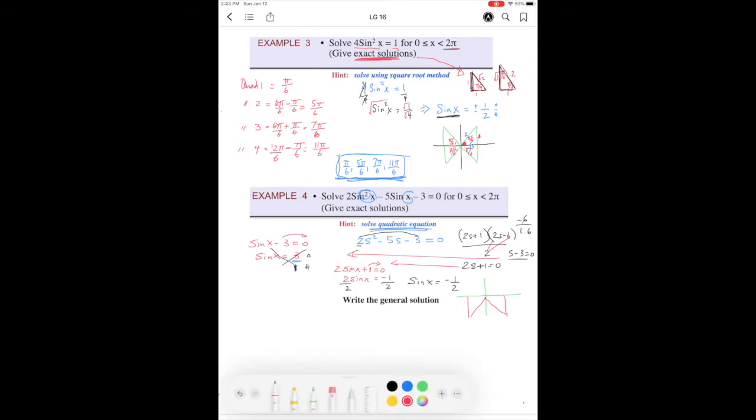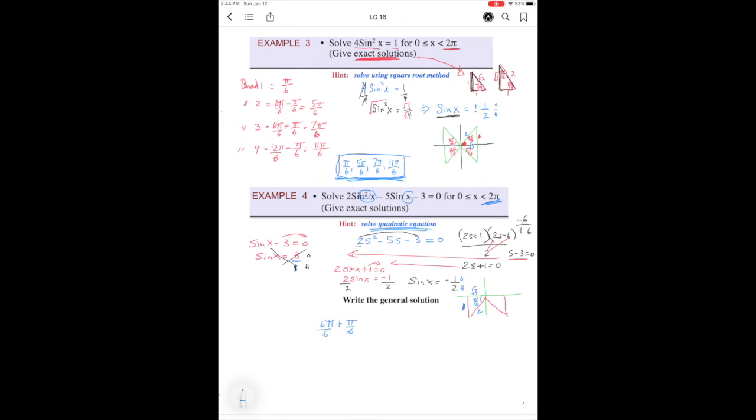Label. So this is the hypotenuse, this is the opposite. And we remember that opposite 1, that's going to be pi over 6. See, I'm in radians, so make sure you read at the beginning. So now in quadrant 3, I remember it's going to be pi plus pi over 6.